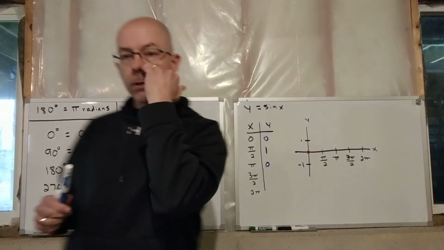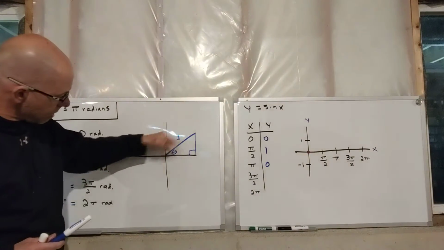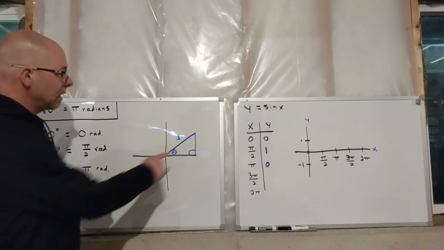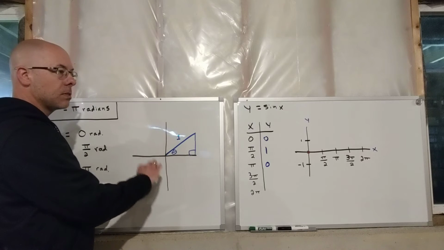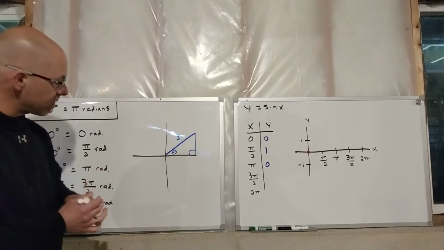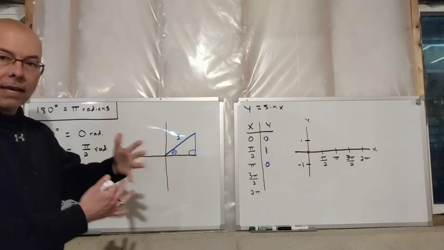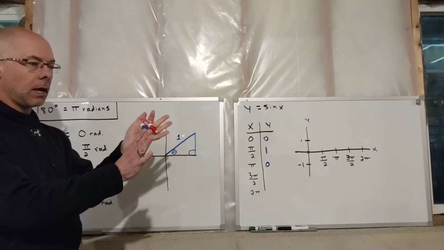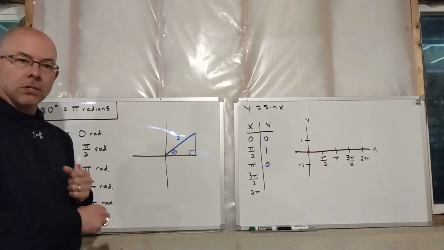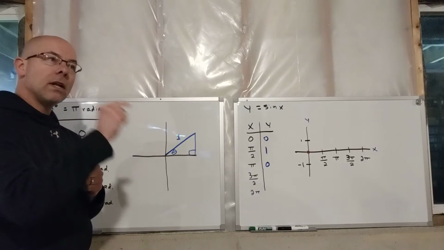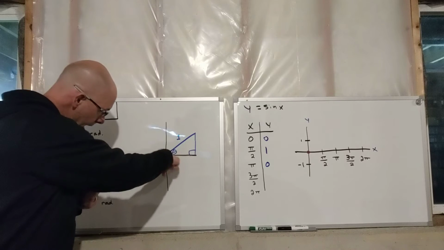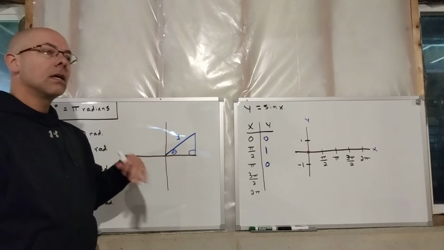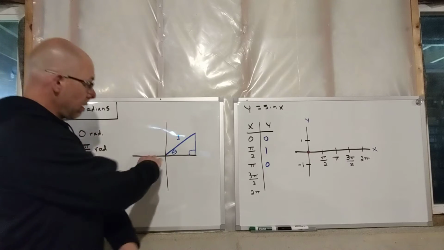Now, the 3 pi over 2 down here, I want you to imagine this side rotating down there. Once again, the opposite is taking the position of the hypotenuse. The difference is it's down. It's in the negative category. So you have to think that the opposite side and the hypotenuse have superimposed right on top of each other, and that'll be 1 divided by negative 1 because it's down. Remember we did those pictures? I said hypotenuse is always positive, and the other sides are the ones where if it's right, it's positive.